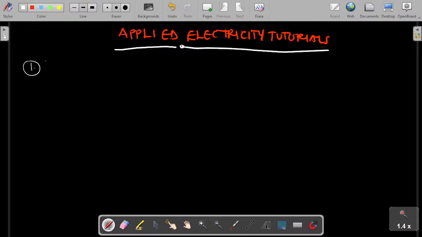So I have this, then this here, and I have this. So this is a simple circuit, and we are going to find the respective variable.